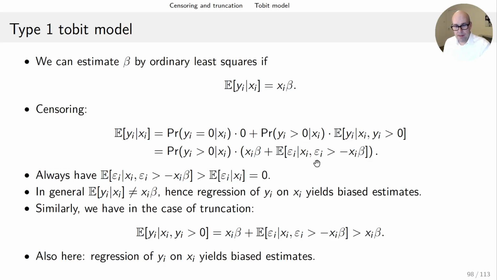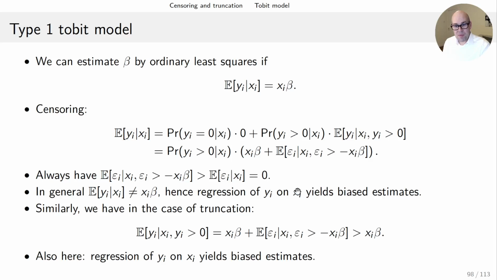Now, in general, this expression is not equal to xi beta. So for that reason, we can already see that we can't just run OLS and trust that everything will be fine.